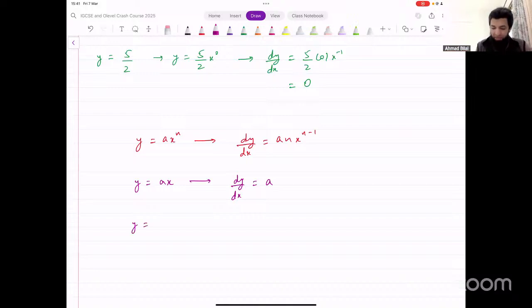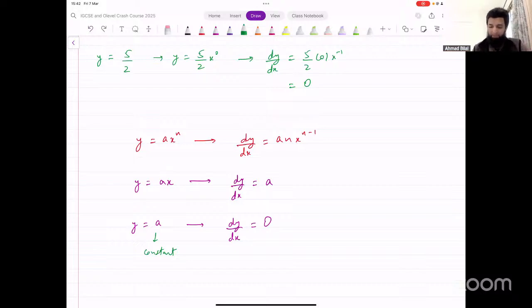And if you just have y equal to a with no x, that means a is a constant, right? The derivative of this is always going to be 0. Derivative of a constant is 0. And if you have x power 1, the derivative of that is just the number that's multiplying outside.